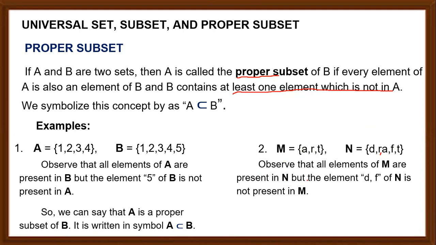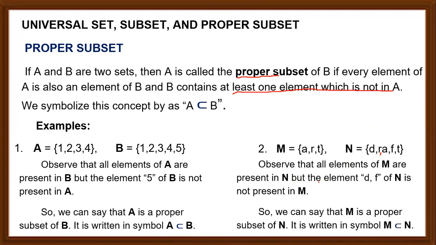But if you're going to observe, doon naman sa set N, meron siyang element, yun yung D tsaka F, which is not present doon sa set M. Therefore, we can say that set M is a proper subset of N. It is written in symbol M is a proper subset of N because there is at least one. Meron siyang dalawa dito, D at F, na hindi makikita dito sa set M. Kaya ang tawag po doon ay M is a proper subset of N.